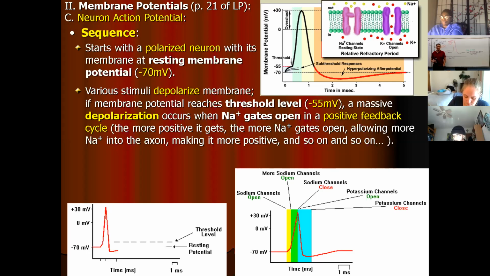There's a positive feedback loop for sodium. These sodium channels are voltage sensitive, and they are different. You reach threshold, some of them are going to open. That allows more sodium to come in. That makes it more positive. And that causes more sodium gates to open up. That allows more sodium to come in, and it gets more positive, which opens up more sodium gates.